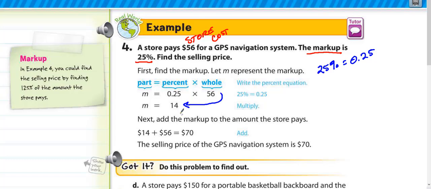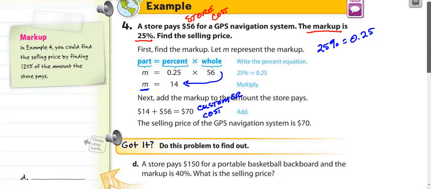Here is the markup. That's what that M stands for. Add that to the $56 that they pay for it. And here is the customer cost. That's what the $70 represents. If you're going in to buy that GPS system, you pay the $70.